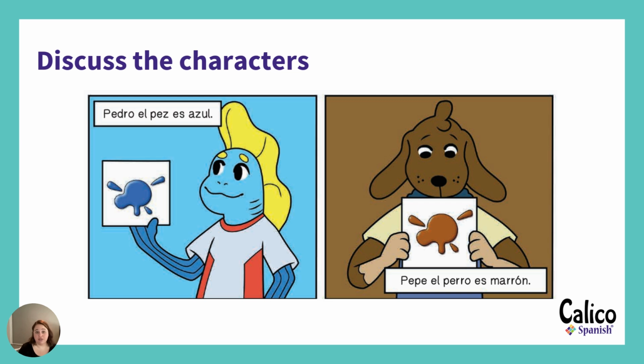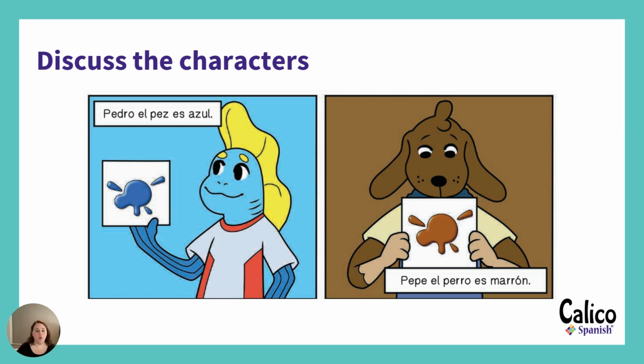Then you can also discuss the characters. One of the great things about a Calico comic is that not only is our vocabulary recycled, but so are our characters. So our characters are able to really have some character development. We're able to learn that Pedro es el pez azul, Pepe es el perro marrón.